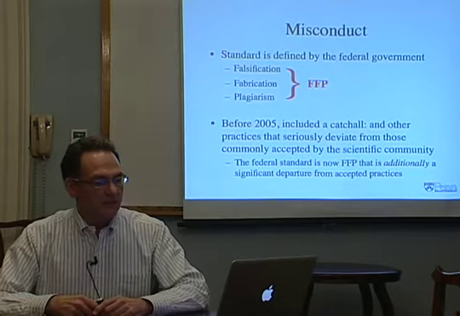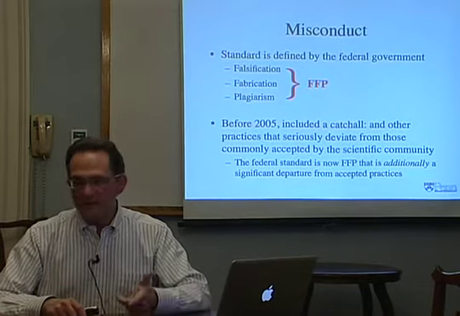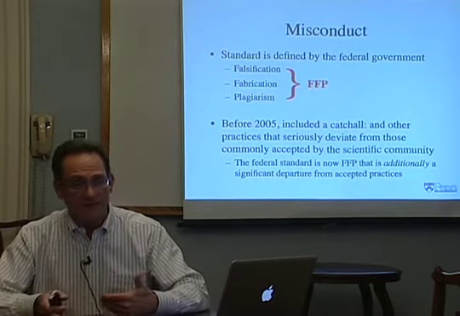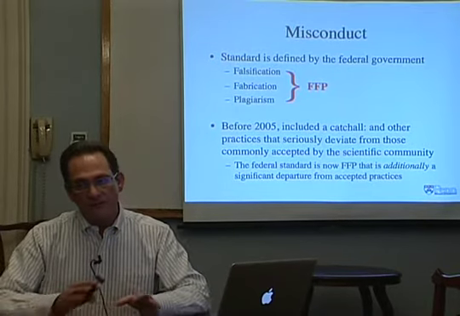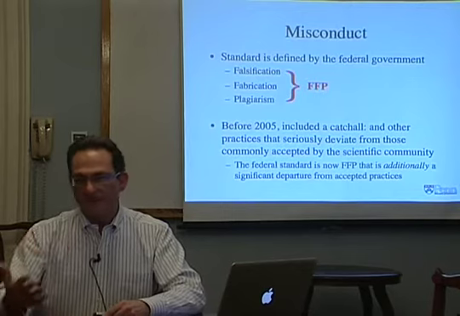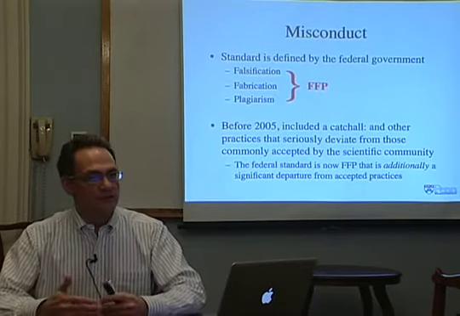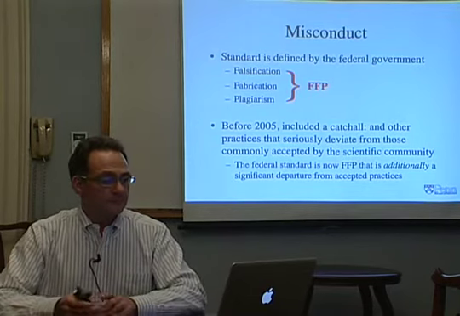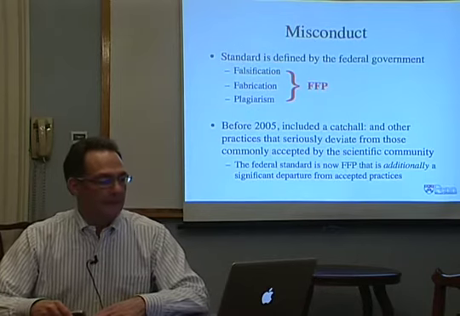Their definition is basically falsification, fabrication, and plagiarism in the performance, reporting, or proposing of research, right? Falsification and fabrication are kind of different things a little bit. Fabrication is where you just make up data. Falsifying data is where you manipulate your data, you do something and you're not honest about what it is that you did to your data. Plagiarism is taking credit for something that's not yours, right?